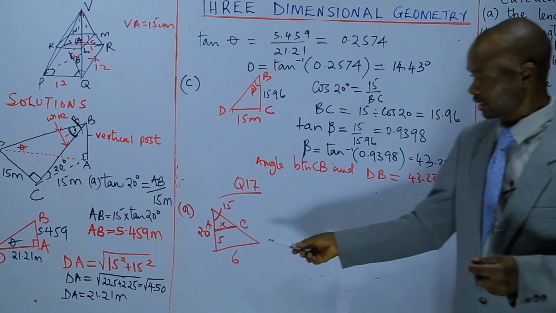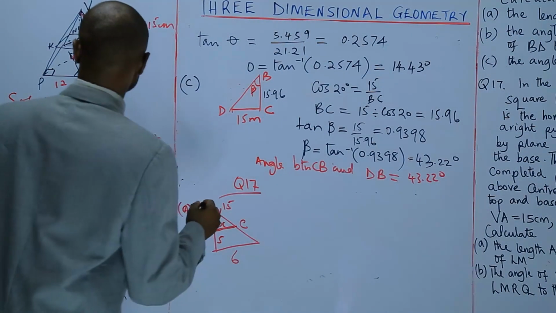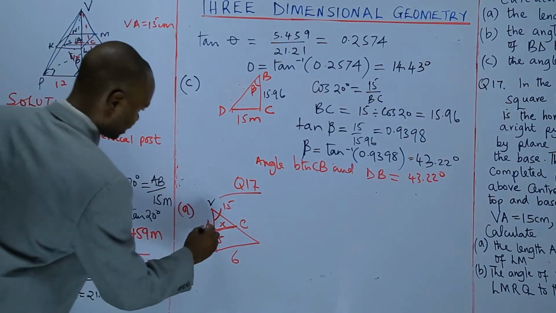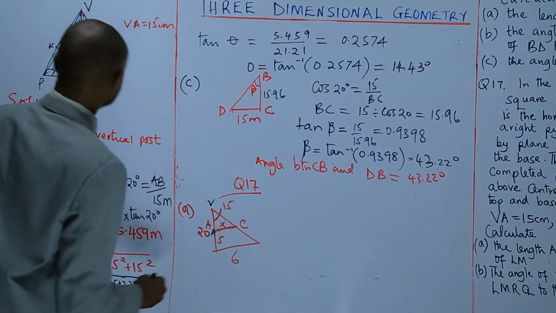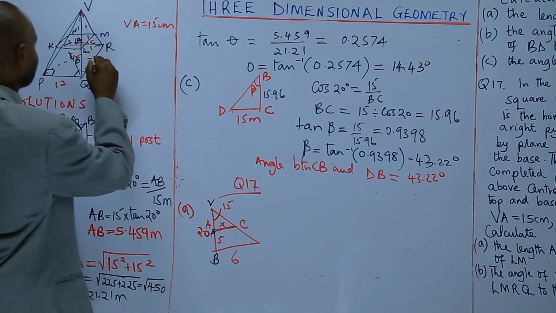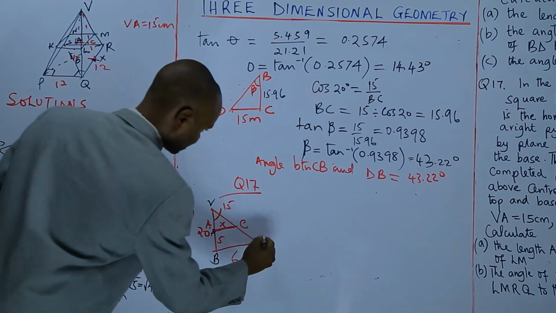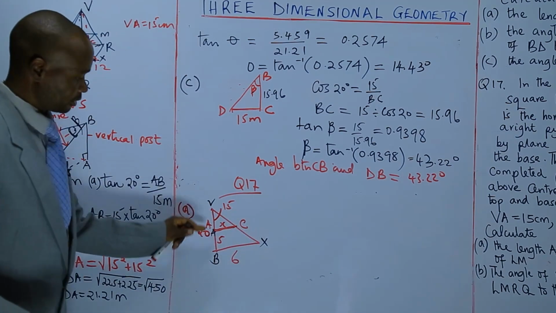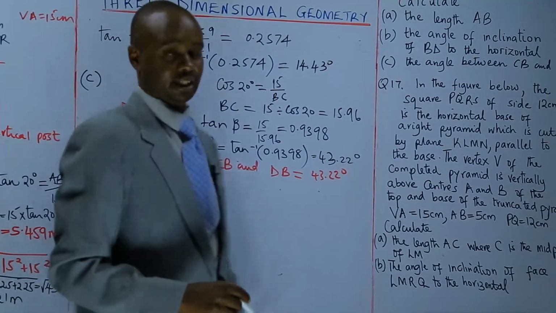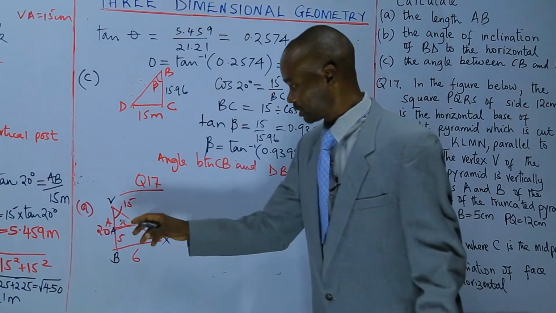Giving the vertices, this is V, A, C, B, and here a new letter X. Triangle VBX is similar to triangle VAC.